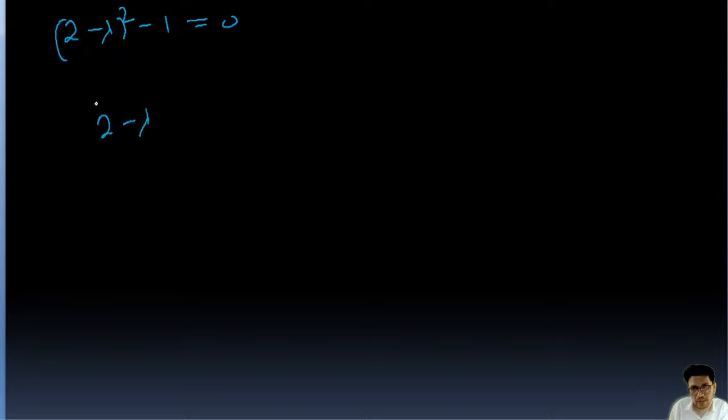So 2 minus lambda is plus or minus 1, which implies lambda is 1 and 3, or 3 and 1, same thing.